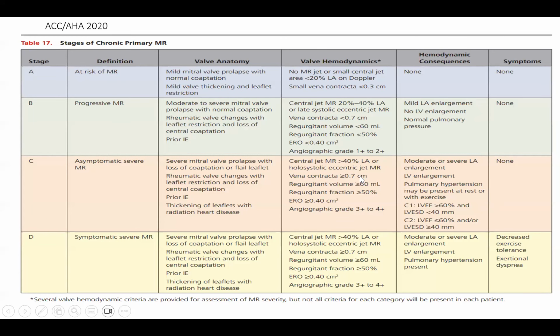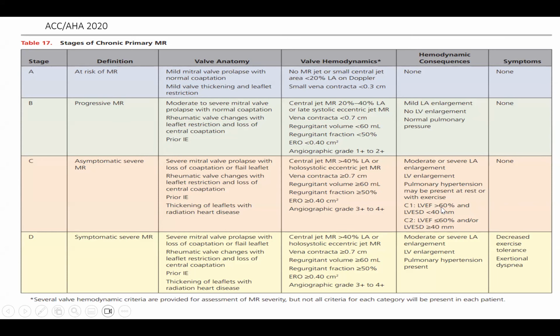Vena contracta more than or equal to 7, regurgitant volume greater than or equal to 60 mL, regurgitant fraction more than 50%, so meaning greater than or equal to 50% of the left ventricular end diastolic volume gets pushed back into the left atrium, and effective regurgitant orifice area greater than or equal to 0.4 centimeters squared or 40 millimeters squared. Of course, without symptoms here, but here with symptoms.